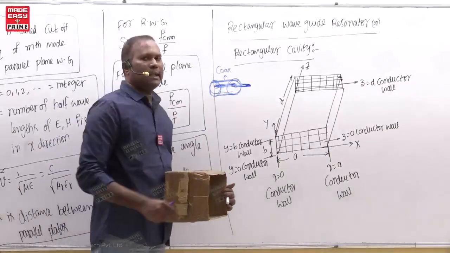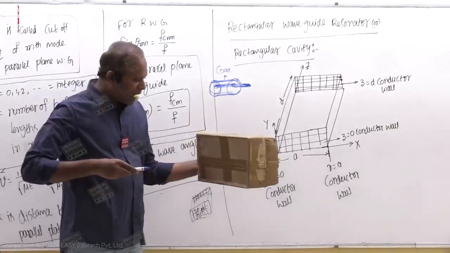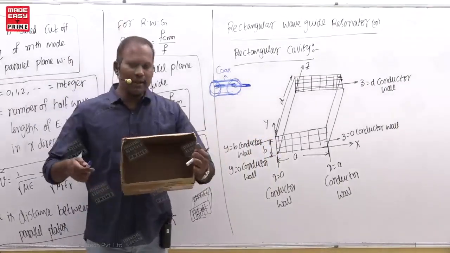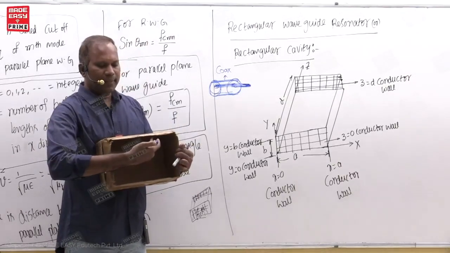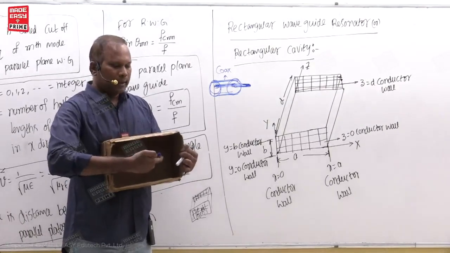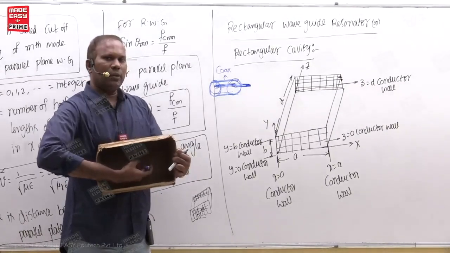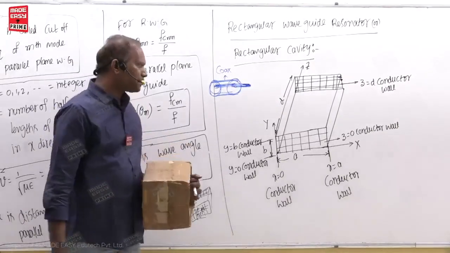That is the way energy is stored, dear student. So here a hole is drilled, and in that hole this coaxial cable is inserted. Then it will look like this. So here this tip is called the conductor probe. Then that radiates energy into this cavity, and energy is stored here.